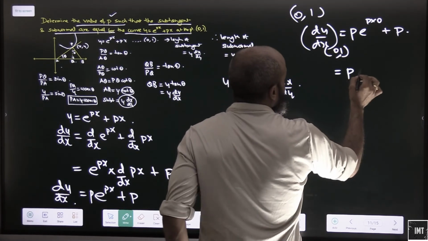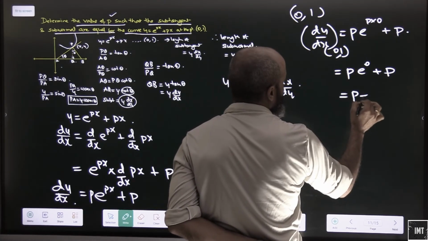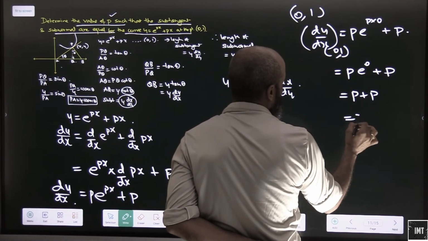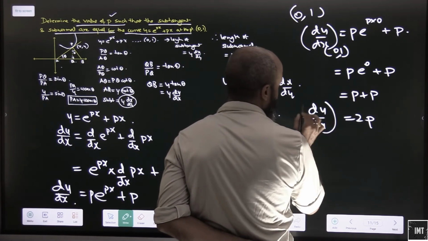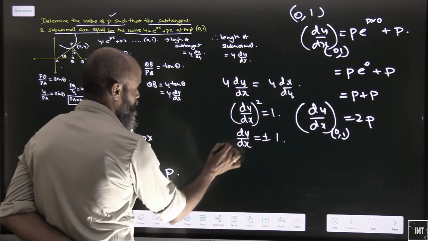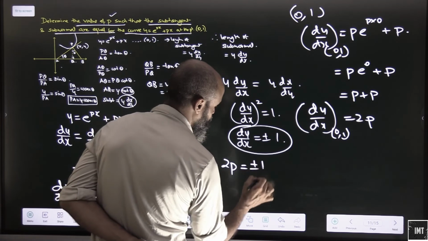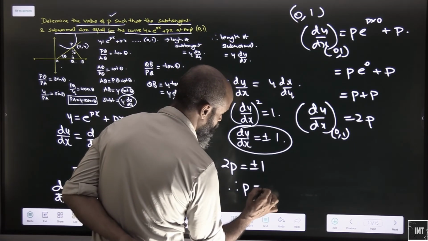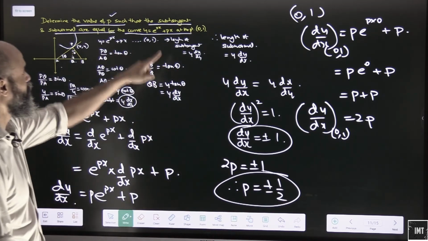So p e raised to 0 plus p; anything to the power of 0 is 1, so p plus p, which is 2p. So dy by dx at (0, 1) has the value 2p. So 2p is equal to plus minus 1. Therefore p is equal to plus minus half. That will be the value of p.